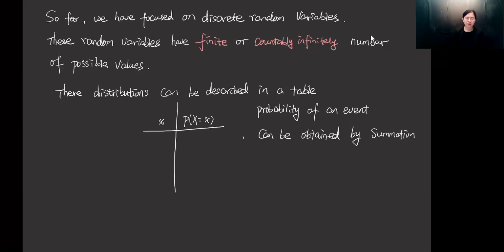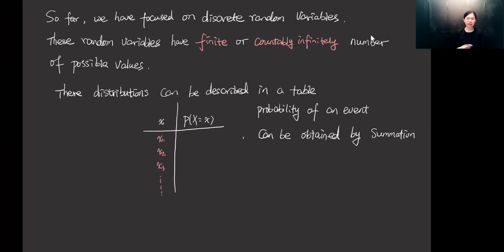Discrete random variables have finite or countably infinite number of possible values, and the distribution of such random variables can be described in a table like this. In a table, you can list all the possible values of the random variable, say x1, x2, x3, to the end of all the values.